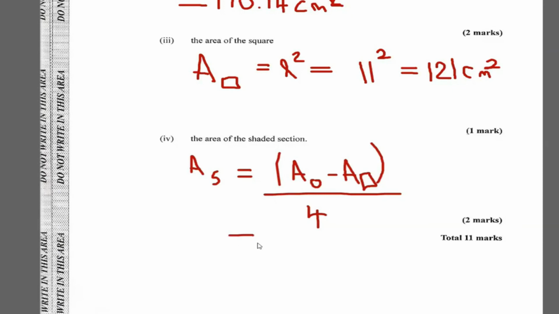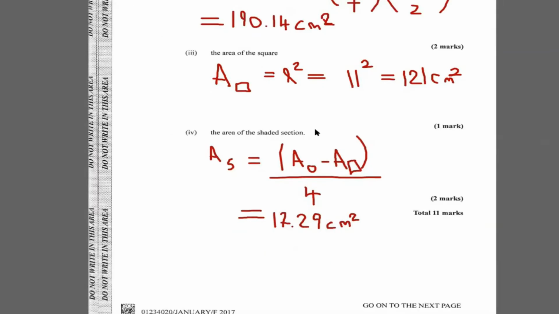The area of the circle, which is 190.14, minus 121, divided by 4, we get 17.29. So the area shaded is 17.29 centimeters squared. Nice and easy.